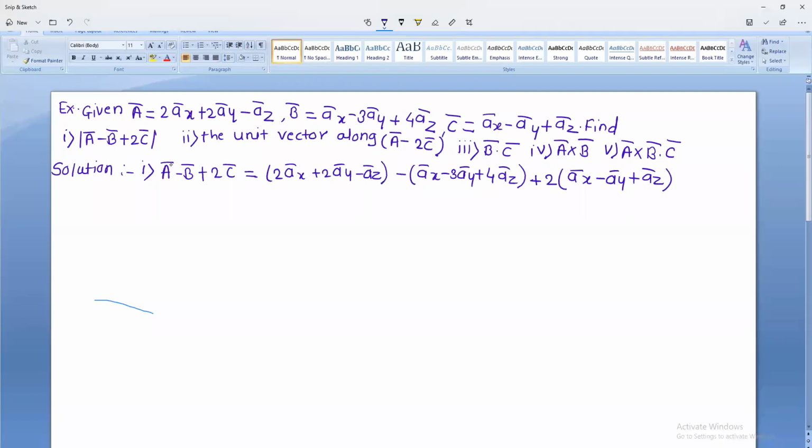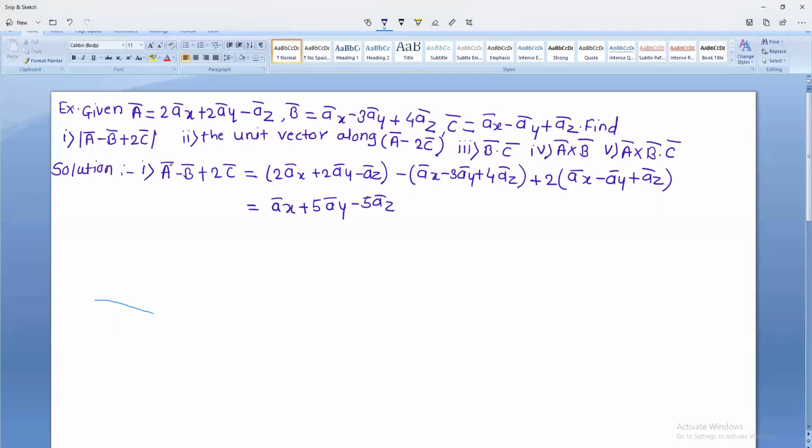So it is equal to 2 minus 1, that is 1 a bar x, then 2 plus 3 is plus 5 a bar y, and minus 1 minus 4, that is minus 5 a bar z.